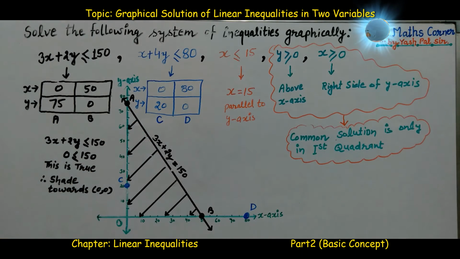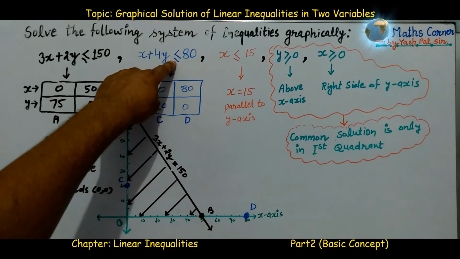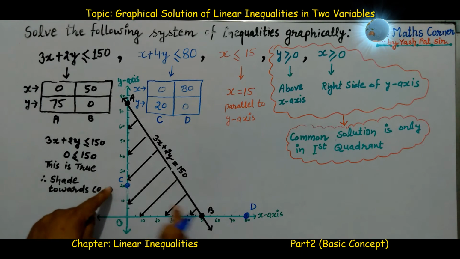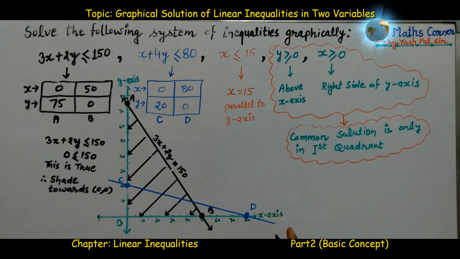Now we join these two points, again because of this equal to sign, with a dark line. This way, we have joined C and D with a dark line.